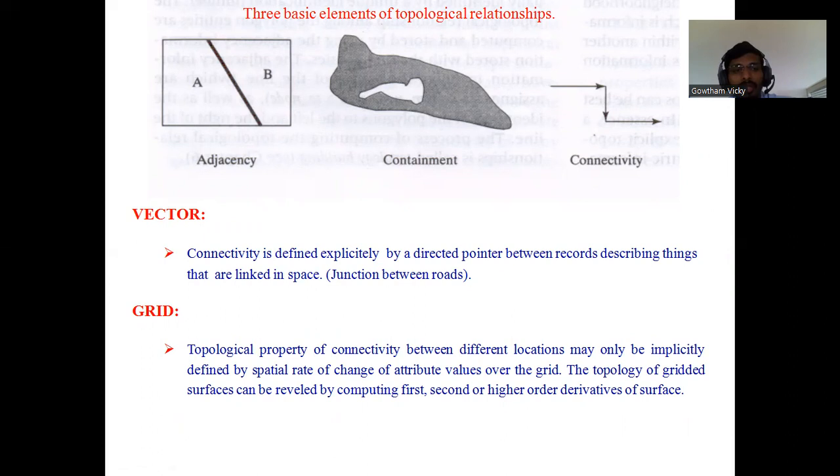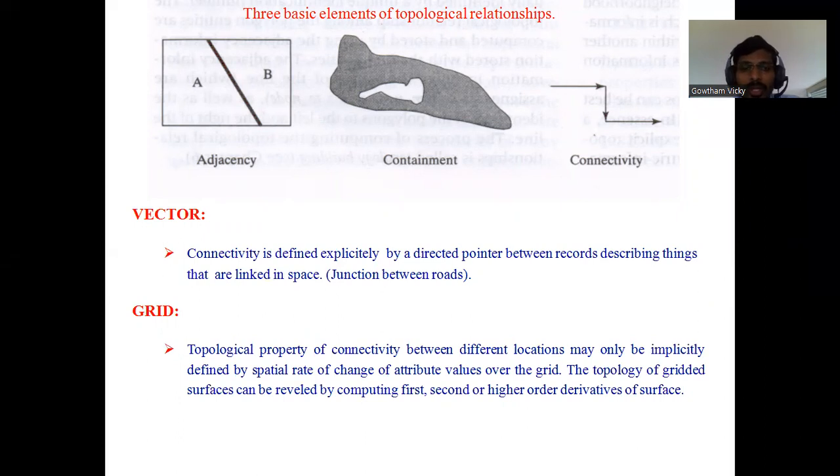In vectors, connectivity is defined explicitly by directed pointers between records, describing things that are linked in space, such as junctions between roads. In grids, topological properties such as connectivity between different locations may only be implicitly defined by spatial rates of change of attribute values over the grid.